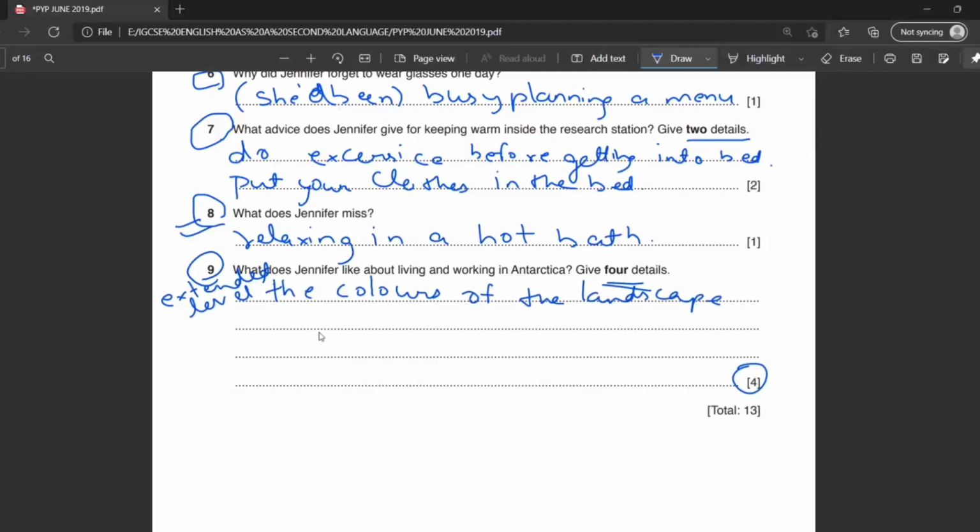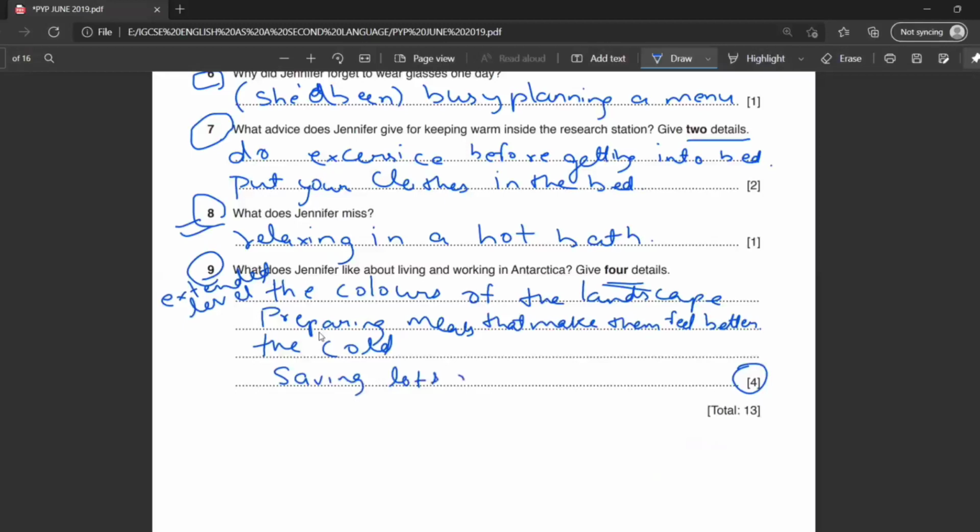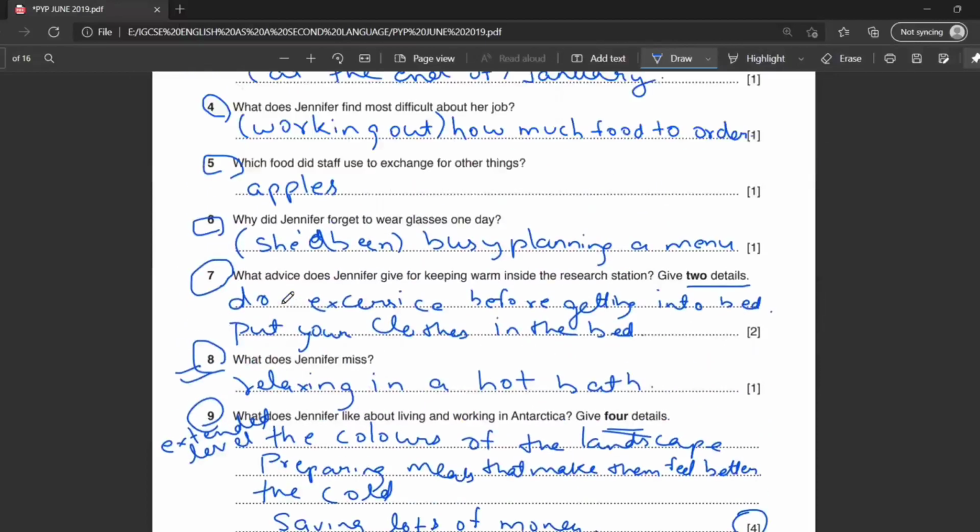The next one is preparing meals that make them feel better, and the cold. And the last one was saving lots of money. Okay, so that's all for exercise 1.